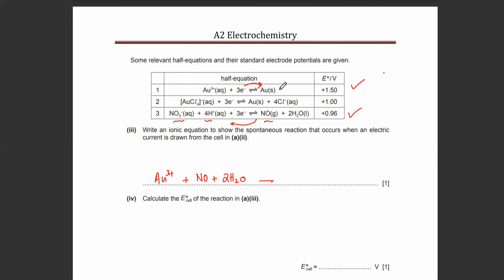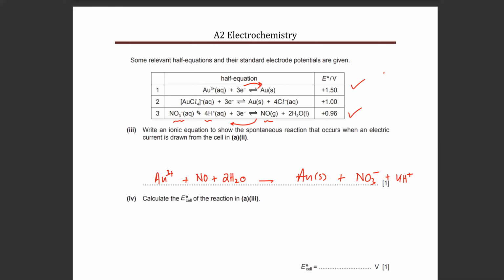And the products are, in the first one, Au solid, and in the second one, NO3- and 4H+. So that's your reaction. That's it.